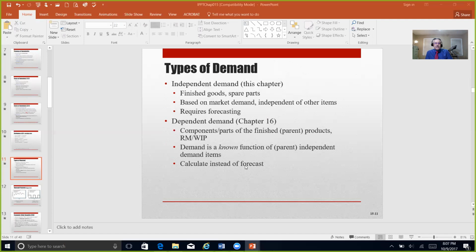Then we have dependent demand, where the items have demand that is related to one another and is not independently determined by the market. Demand is known, and you can use that to calculate what the cost is going to be instead of using forecasting models.